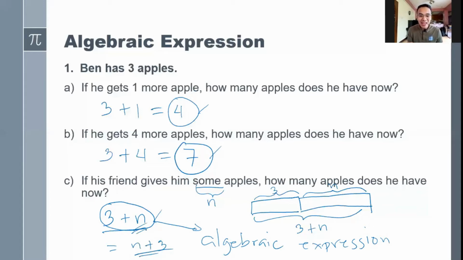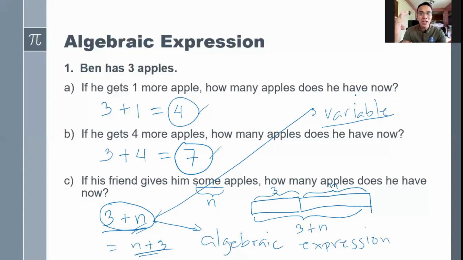And the N here is what we call variable. When we say variable, it's from the word vary. Vary, it means its value changes from time to time. It depends on what value a person is assigning to this variable. Okay, so if I'm going to talk about variable, I'm talking about the symbols, the letters in the English alphabet, even the letters in Greek.